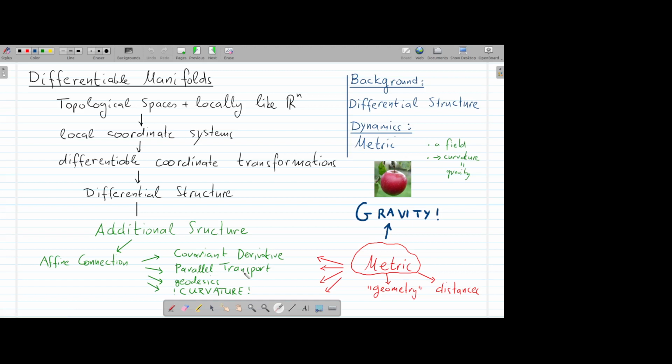Since there are many metric tensor fields that we can define on a manifold, we have to choose the one that is given by the dynamics of gravity. This is obtained by solving the Einstein equations, which will give us a metric that exists in space-time, and we will use that metric to do all those things that allow us to do physics, like differentiating, integrating, and other things that we will see later.